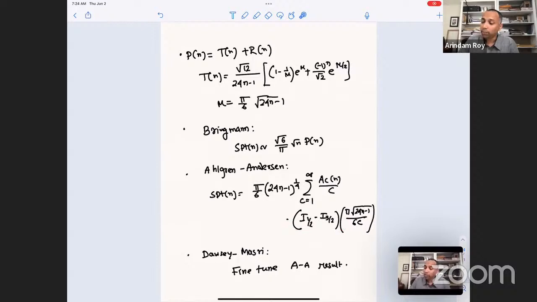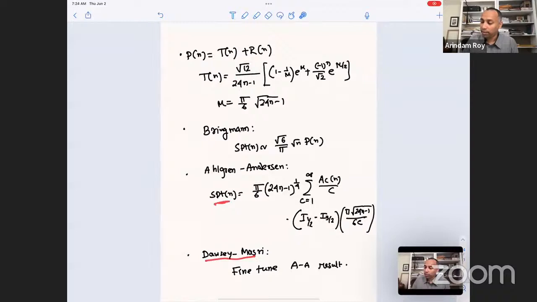And one thing to notice: in the case of the partition function, both series are convergent, but this series converges much slower than the counterpart for Pn. So it was really good, but not yet effective enough to get, at least, the log concavity for the SPTN.